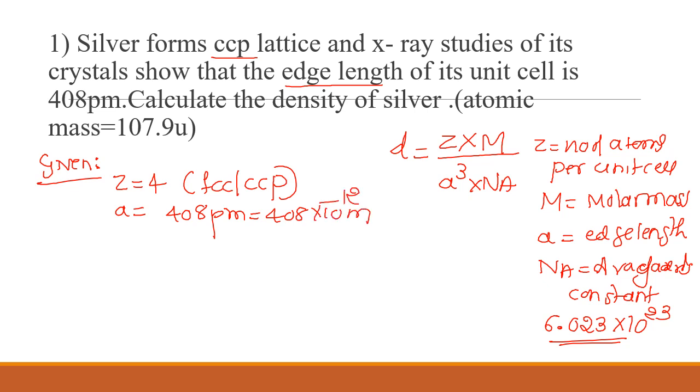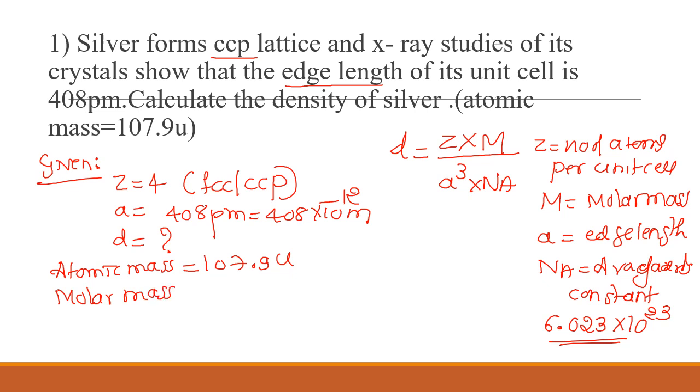What we have to calculate is the density, so write its symbol first. And atomic mass is given. We need molar mass, so the atomic mass given here is 107.9 U. If you want the value of molar mass, the only difference is in the unit. Because we need molar mass in the formula, we write gram per mole.